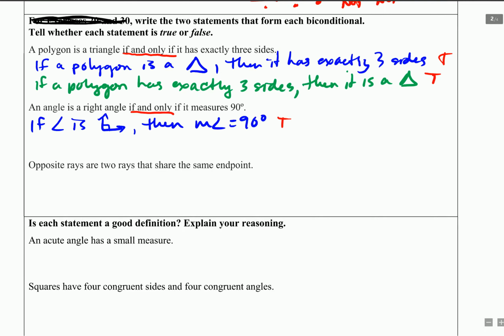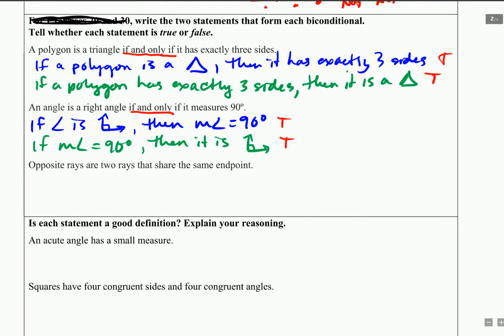And the converse, if an angle measures 90 degrees, then it is a right angle. And that's true, and we know that's true. You should have seen that one coming. We know that the definition of right angle is an angle that measures 90 degrees. So no big surprises there.